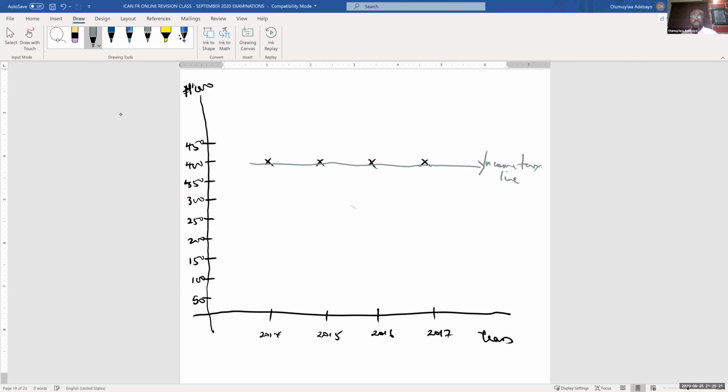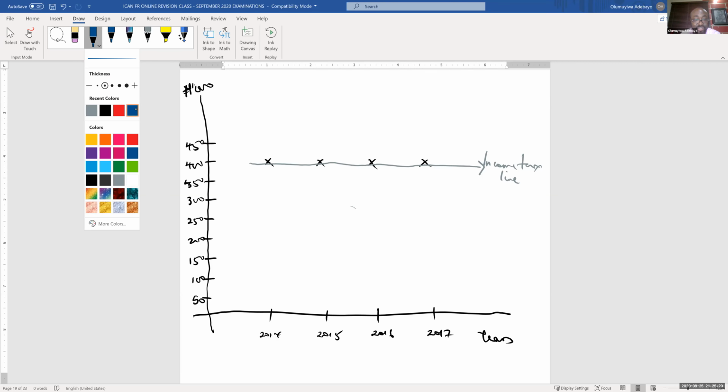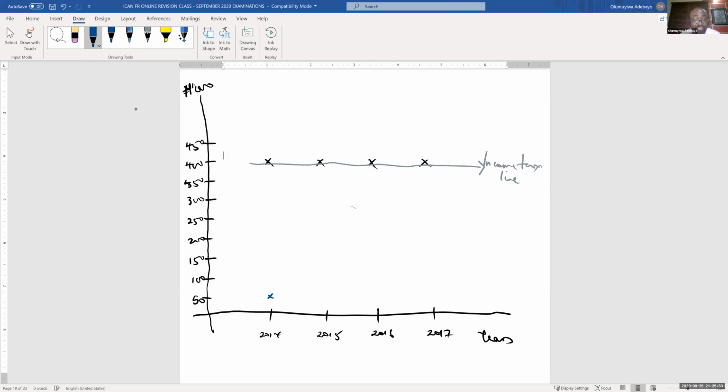Now, let me plot my current tax side by side. My current tax in the first year is 60, somewhere here. In 2015, it is 140, somewhere here. 180, somewhere here, and 260, somewhere here.